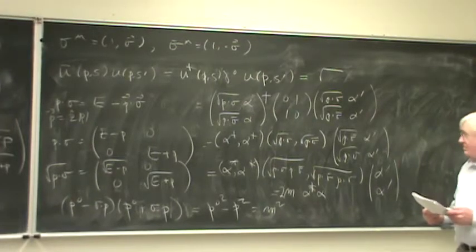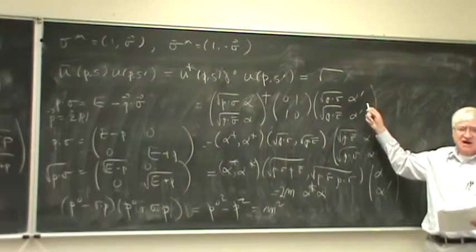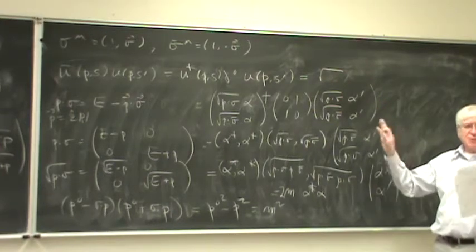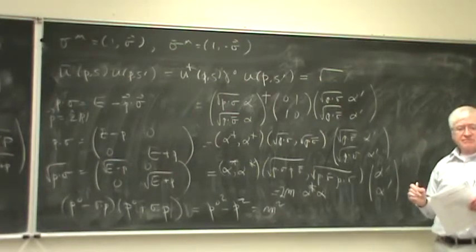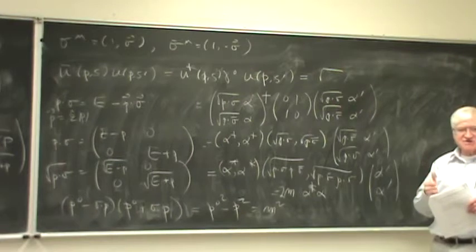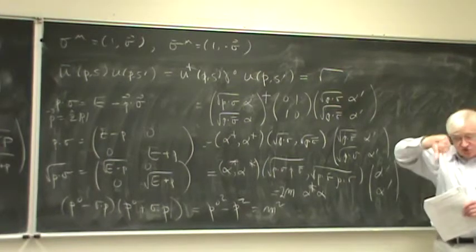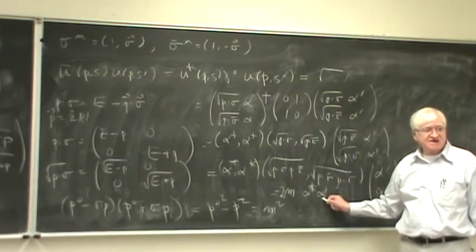And if we choose the alphas to be not in some arbitrary direction, but to be up or down, in other words, we're talking about motion in the z direction and spin in the z direction or the anti-z direction, then this would be delta SS prime. So we can make them orthogonal.